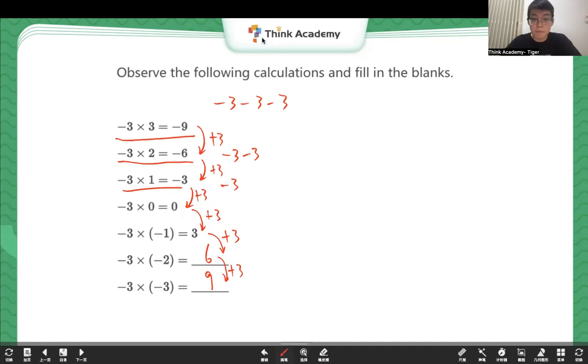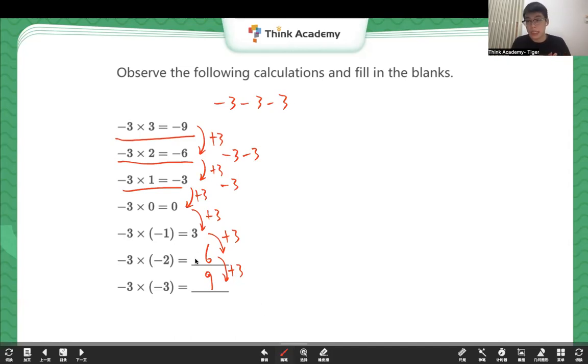All right. So from these numbers, we can see that that's exactly the same as 3 multiplying 1. And 6 is exactly just 3 multiplying 2. Well, but it is the same as -3 multiplying -2. So what can we say about this?